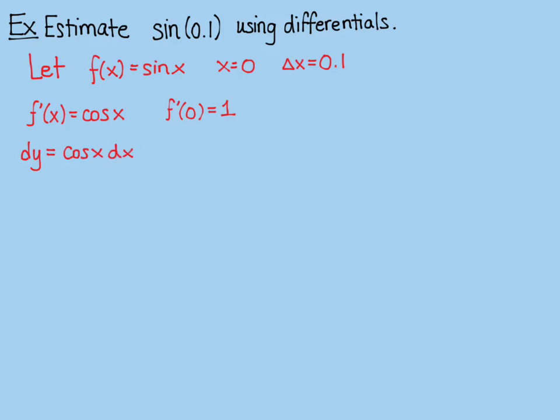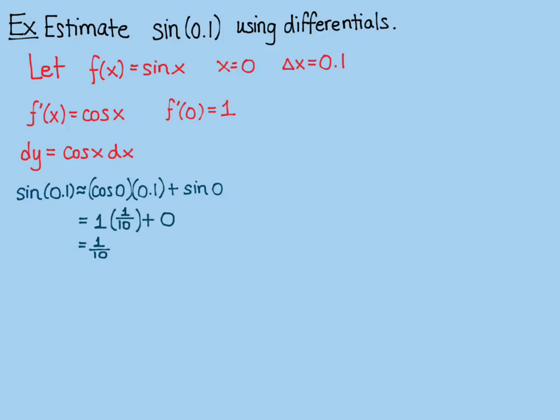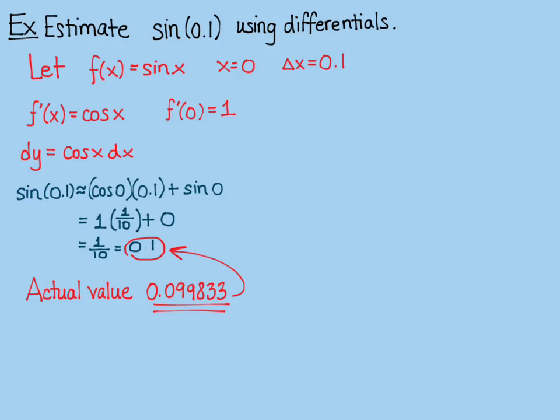We now can find that dy is going to be cosine of 0 times Δx. So we're going to have cosine of 0 times 1/10 plus the actual value of sine of 0. So we end up with 1 times 1/10 plus 0, or 1/10. The actual value of sine of 0.1 is 0.099833, so we ended up being very close.